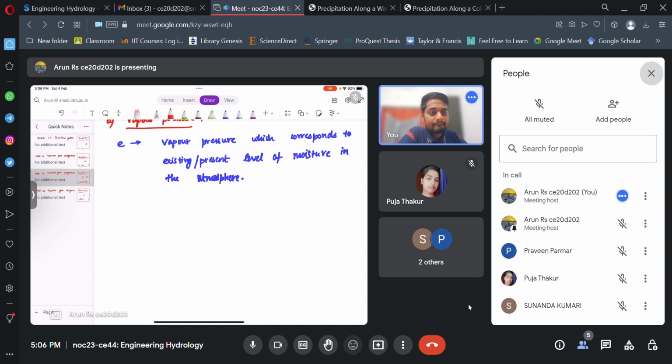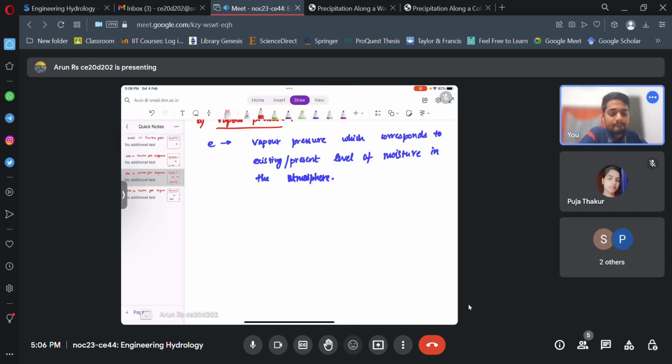Sir, ratio of the vapor pressure and saturation vapor pressure. Yeah, correct. So it is represented by RH, which is equal to the ratio of vapor pressure by saturated vapor pressure. So from this we can calculate the vapor pressure as E = Es into relative humidity.